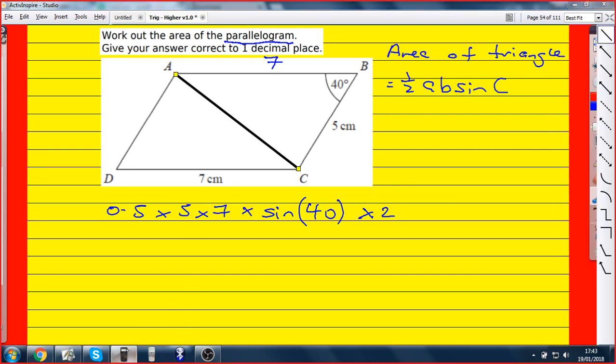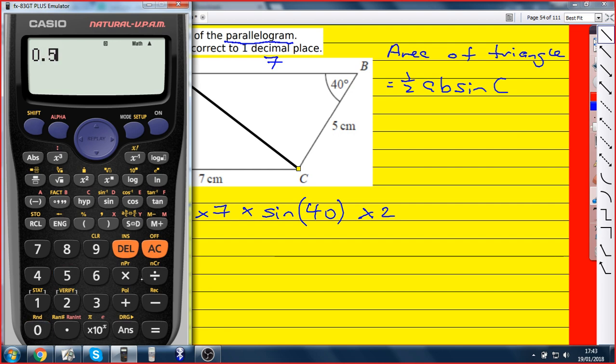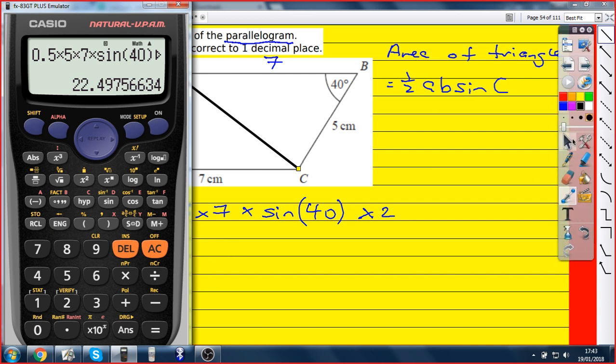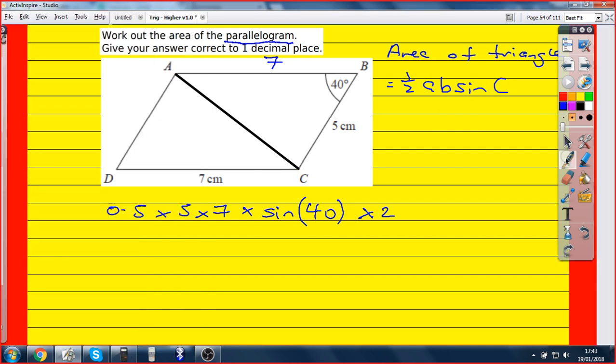Okay, so that goes into our calculator. 0.5 times 5 times 7 times sine 40, and I just need to make sure I close that bracket, times by 2, because there's 2 triangles this time, to 1 decimal place. 22.5.